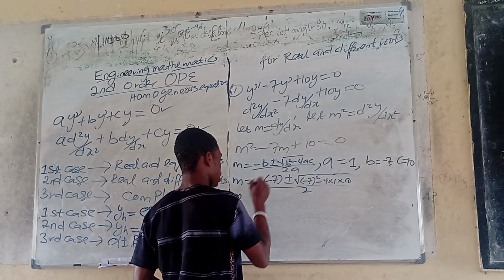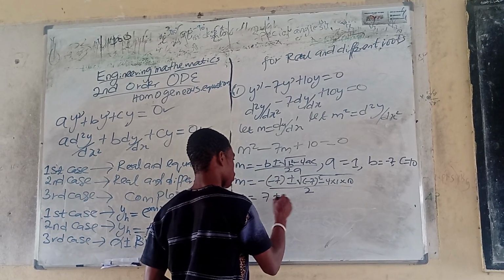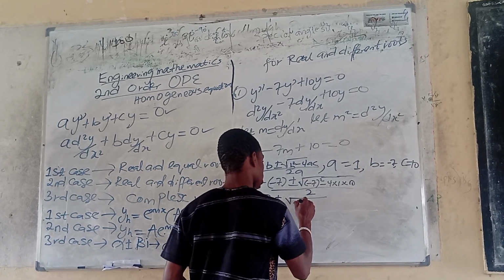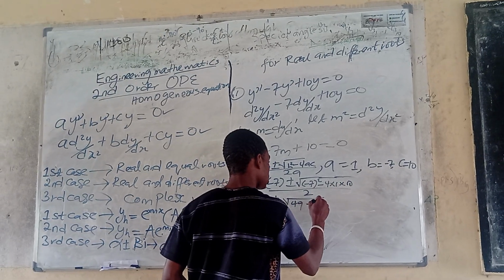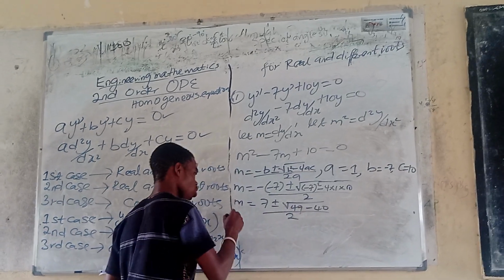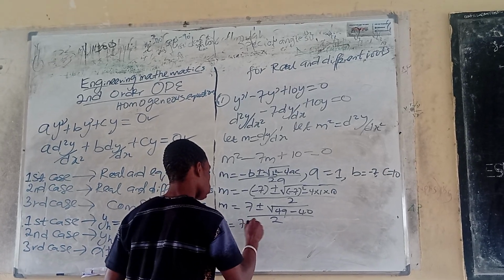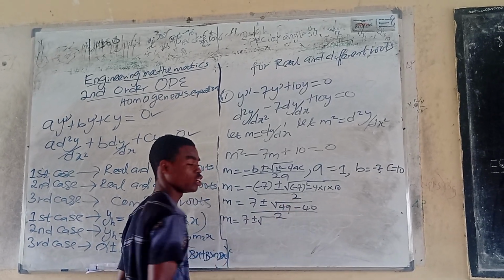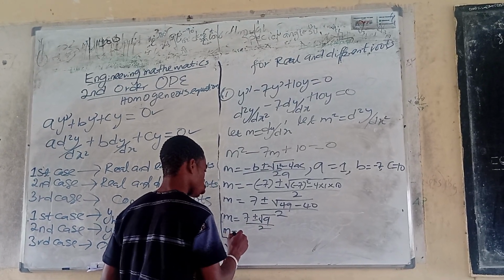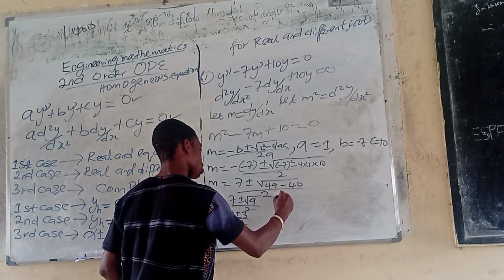So m equals positive 7 plus or minus the square root of minus 7 squared is 49. So 10 times 4 is what? 40. So minus 40 divided by 2. So m equals 7 plus or minus the square root of 49 minus 40 is 9, divided by 2. So m will equal 7 plus or minus 3 divided by 2.